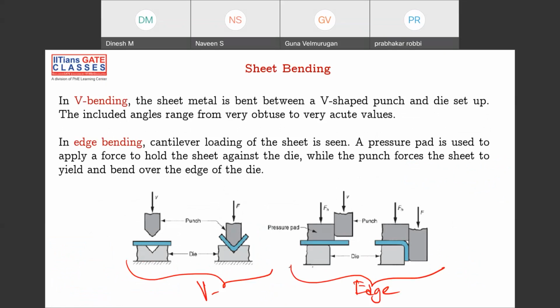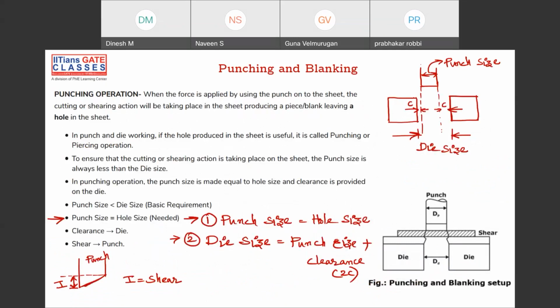Fine. And a very important operation that we are going to discuss is punching and blanking. If you do not know punching and blanking, please listen carefully. If you already know, again please listen carefully, because some of the points you might not have noticed if you have read on your own.